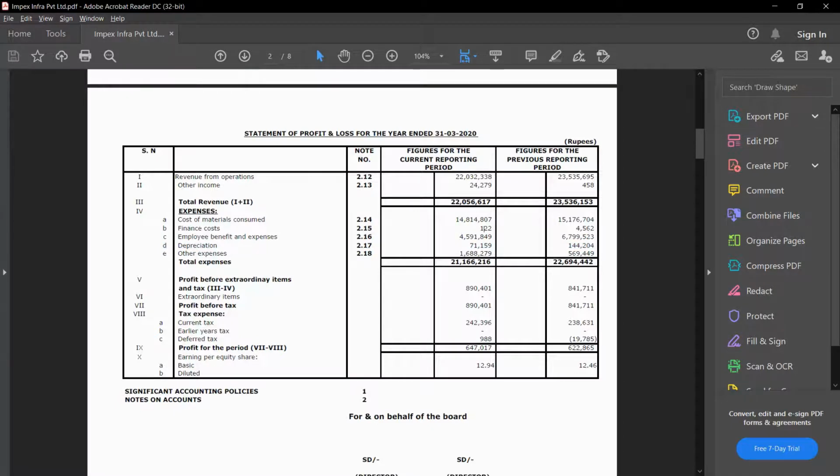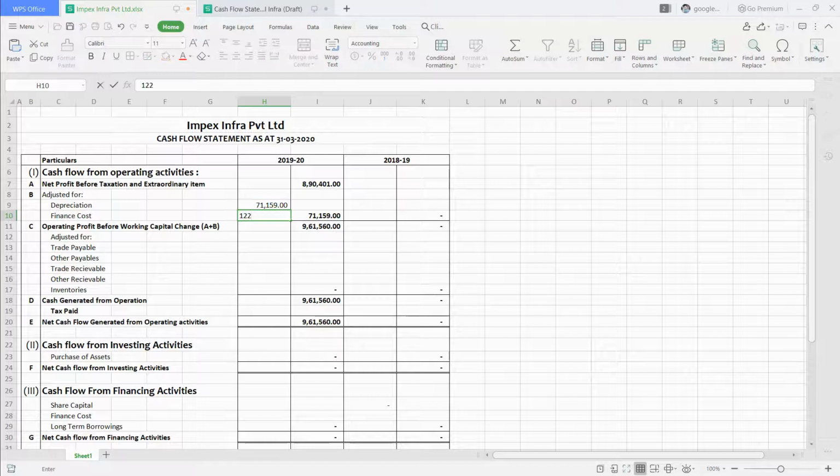Now we have operating profit before working capital change.